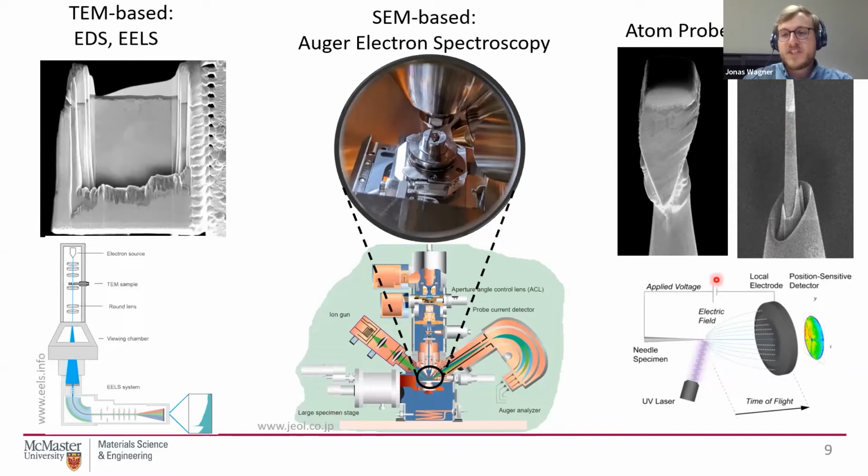And once we have this needle, it is field evaporated in a controlled manner. That means synced with either voltage pulses or laser pulses. And the time the ion takes from the pulse until it hits the position sensitive detector here, the time of flight, is used to calculate the mass-to-charge ratio. And then from the whole mass-to-charge spectrum, we can infer back to the elemental composition of that specific ion. So just a broad overview.